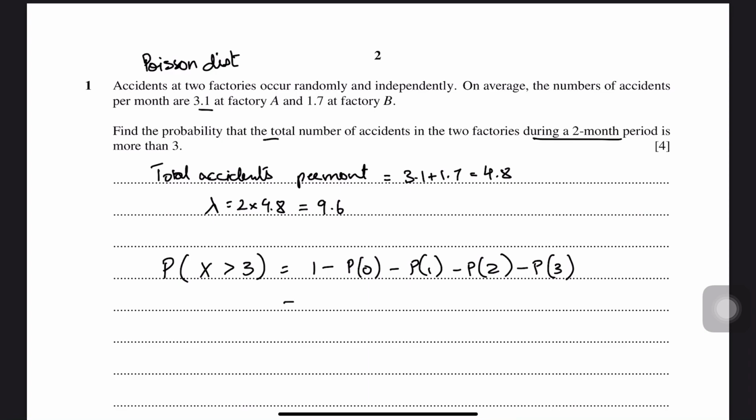So I'm going to write it down. 1 minus e to the power minus 9.6, minus 9.6 e to the power minus 9.6, minus e to the power minus 9.6 into 9.6 squared divided by 2 factorial, and e to the power minus 9.6 into 9.6 cubed divided by 3 factorial. I'm going to put everything on my calculator and write one final answer.